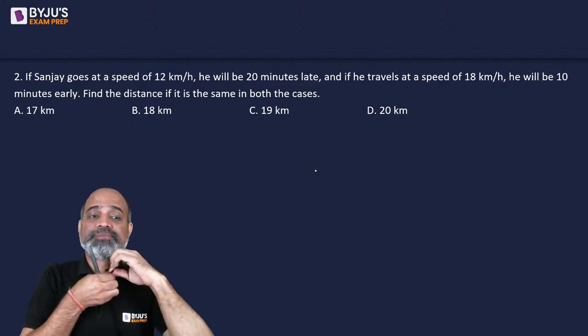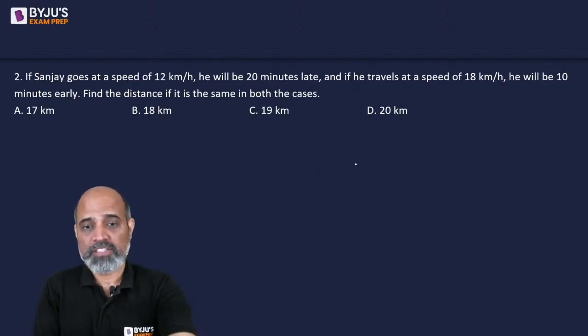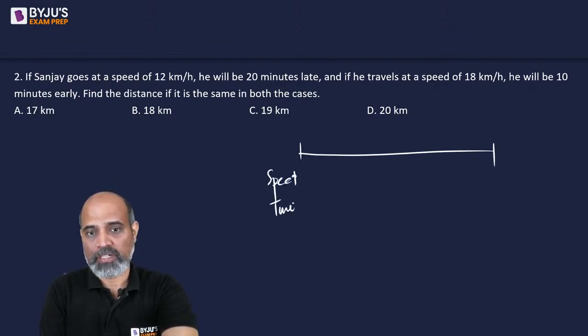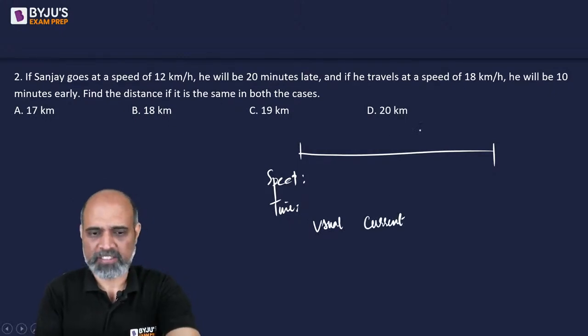So let's draw the same scenario. Okay, so we are talking about speed here, we are talking about time here. So let's again say usually एक particular speed पे जाता है और आज यानी currently he is going at a certain speed.